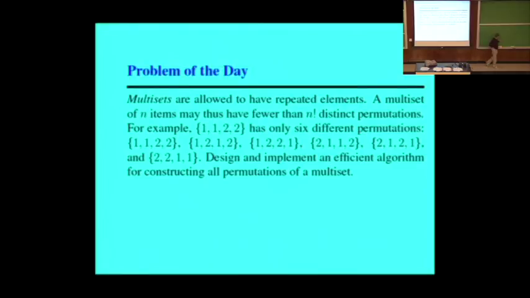Then, when I compute my next element, I count how many times I have used each element so far. Once I have those counts, I can subtract them from these to figure out which ones are 0 or not. Does everybody agree?